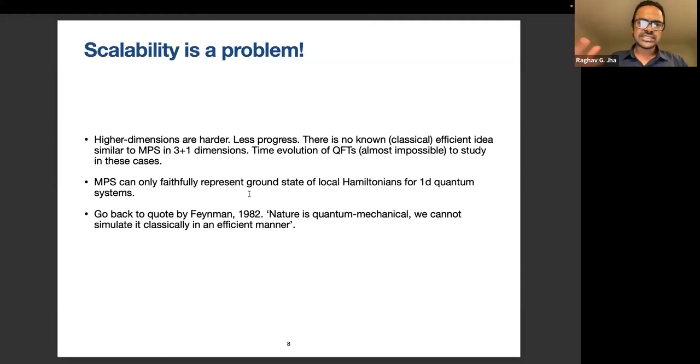And this problem of scalability leads us to the quote of Feynman, where he said that nature at its fundamental level is quantum mechanical. So even if you come up with very ingenious classical algorithms, at some point, you will definitely run out of steam because you just cannot do any better than that.